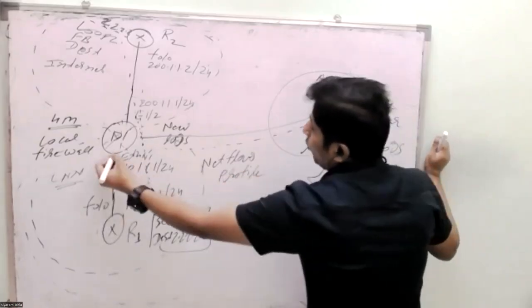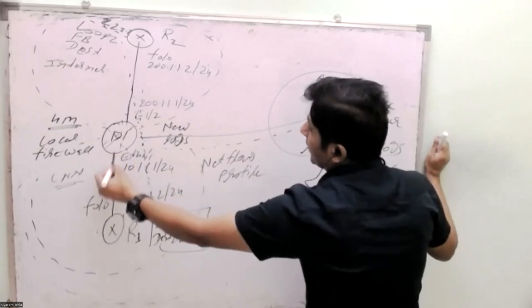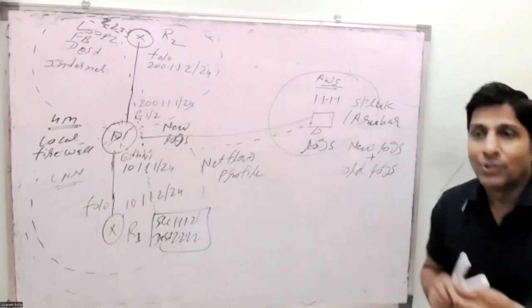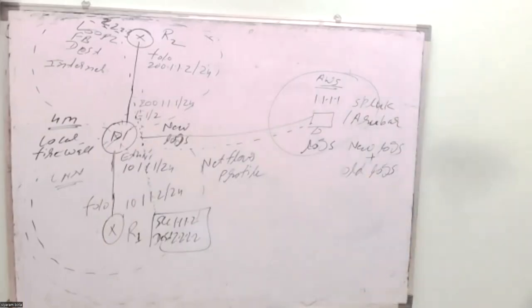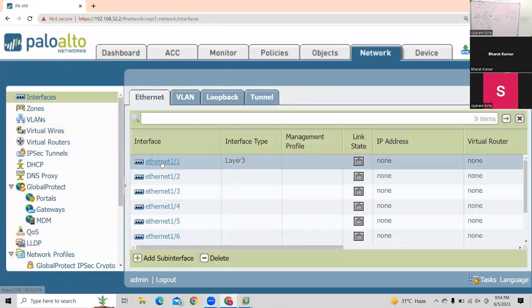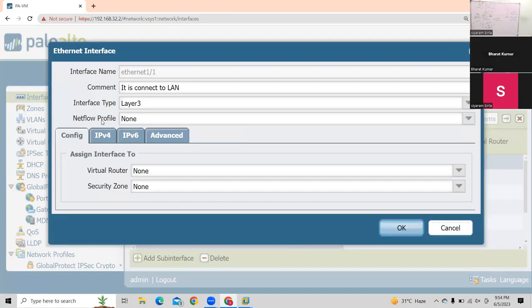NetFlow profile means whatever logs are coming, all go to Arbor or Splunk. That's why I need to configure the NetFlow profile here. Let me go there: interface, and the option is NetFlow profile.